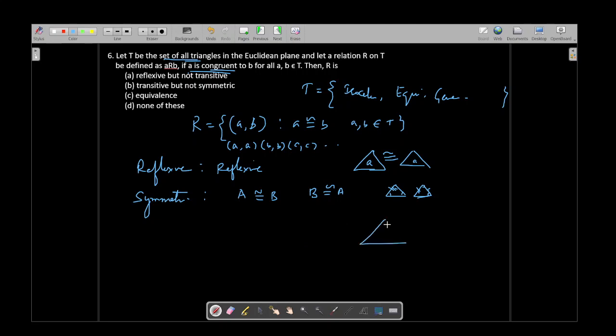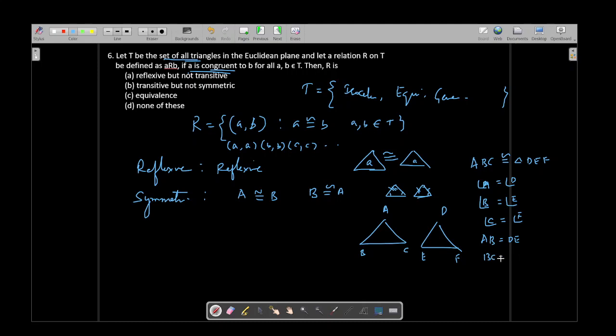Say I have triangles A, B, C and D, E, F. If triangle ABC is congruent to triangle DEF, then all the angles are the same: angle A is equal to angle D, angle B is equal to angle E, angle C is equal to angle F, and the corresponding sides are equal: AB is equal to DE, BC is equal to EF, and AC is equal to DF.